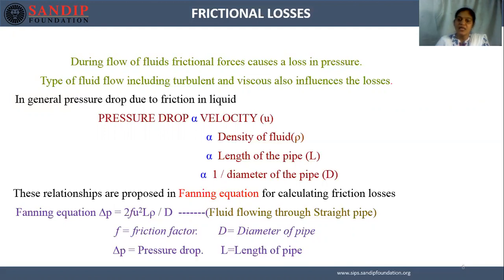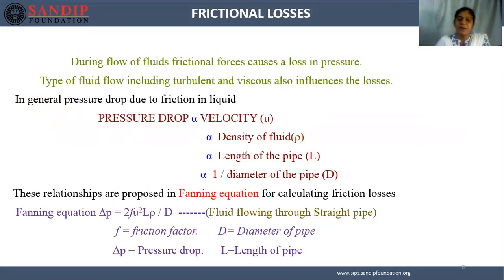So why is the Fanning equation utilized? It is utilized for calculating the frictional losses, and whenever the fluid is flowing through a straight pipe, this equation is most commonly used. How can you write this Fanning equation?